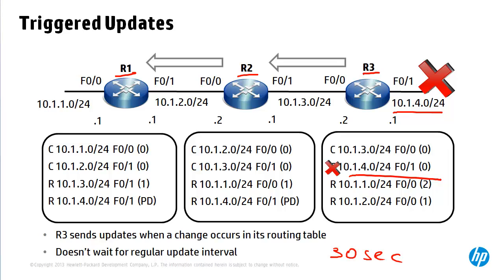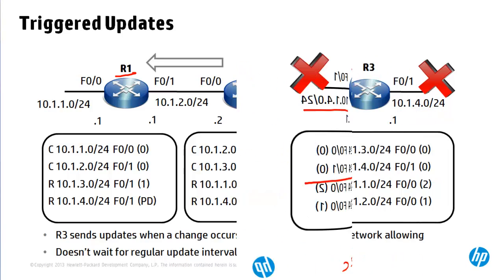This allows for quicker convergence rather than relying on the regular scheduled updates. Convergence is a lot quicker because triggered updates are sent immediately upon detection of a topology change rather than waiting for up to 30 seconds to inform neighbors of a change.